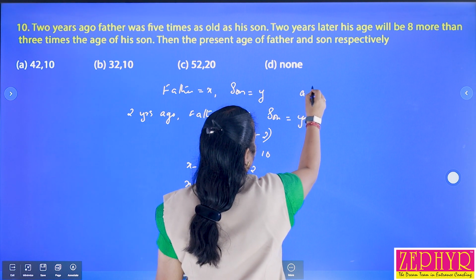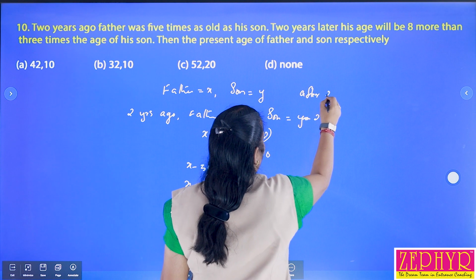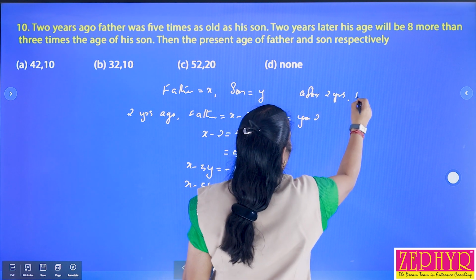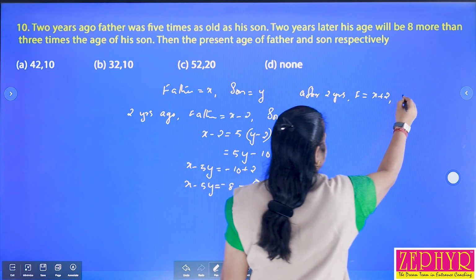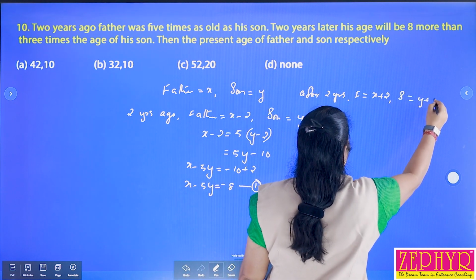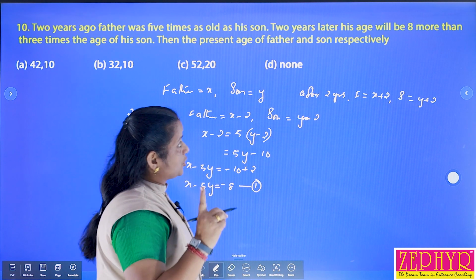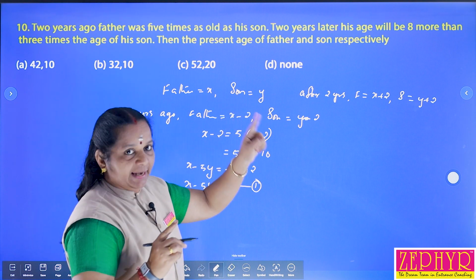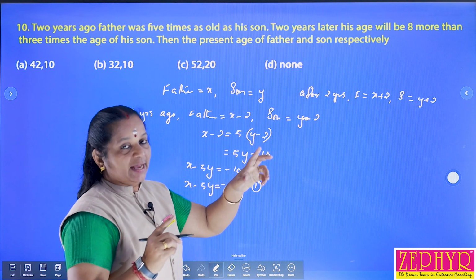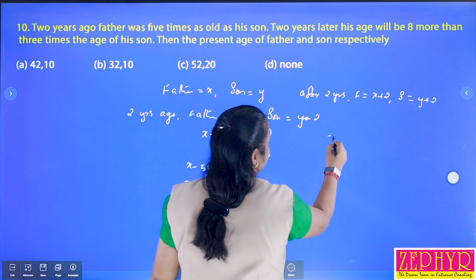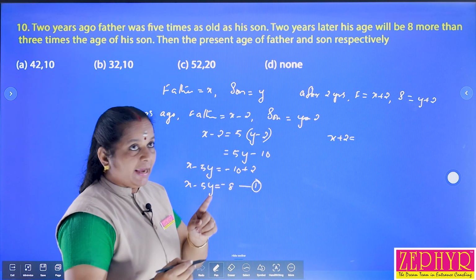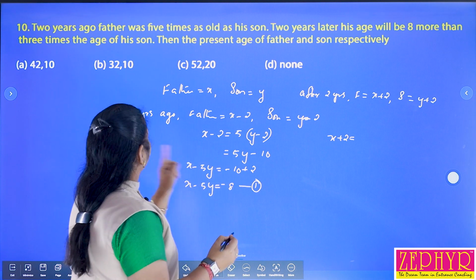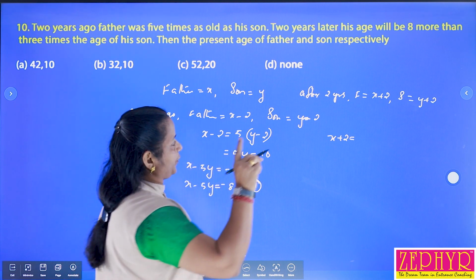After two years, the father's age is x + 2 and the son's age is y + 2. Then read the condition carefully: two years later, the father's age will be 8 more than 3 times the age of his son.